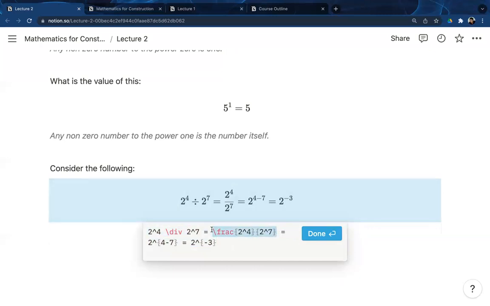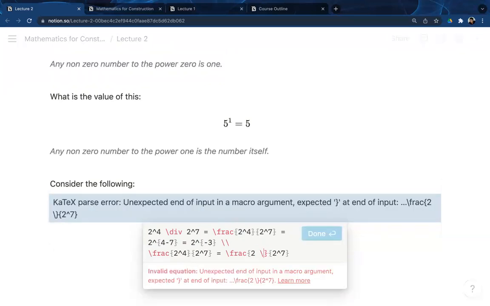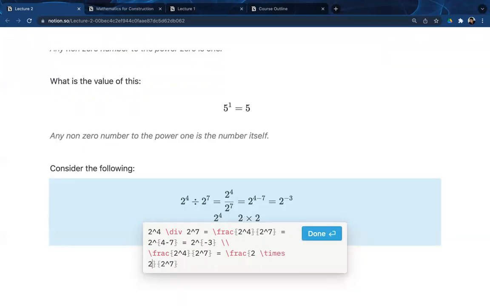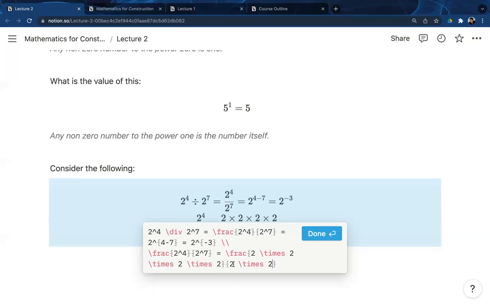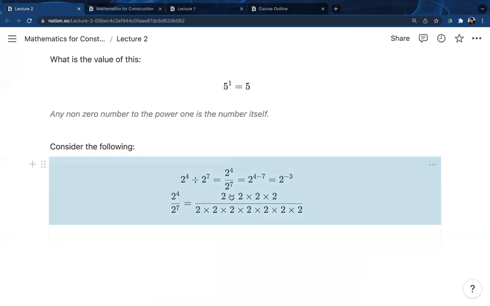So let's see what this really is. 2 to the power 4 is 2 by itself 4 times. And 2 to the power 7 is 2 by itself 7 times. Okay? There's an excess of 2's in the denominator.